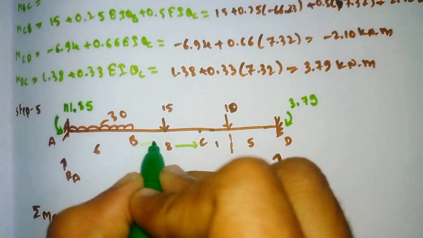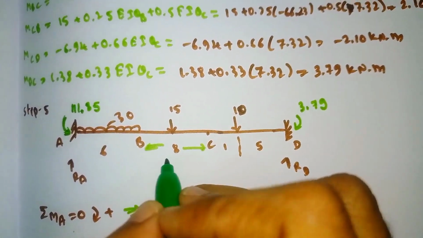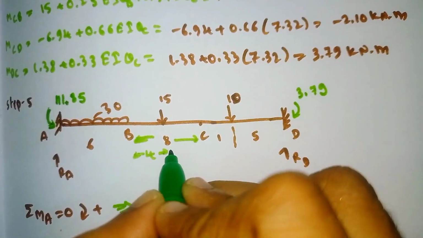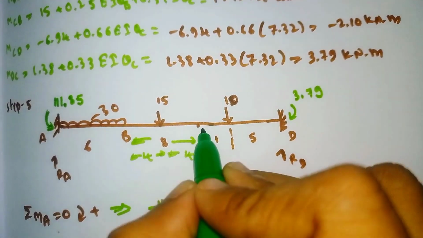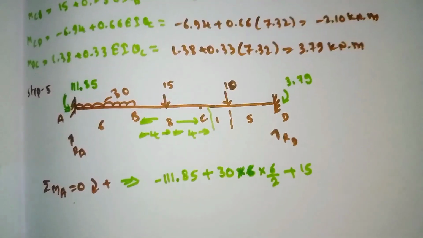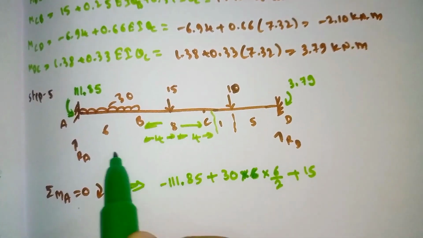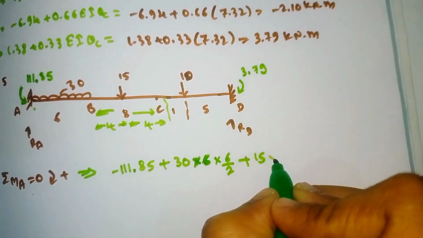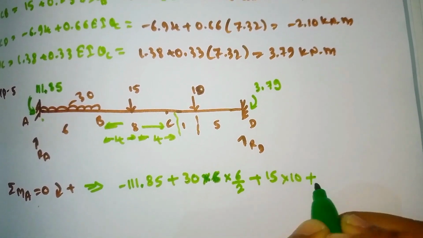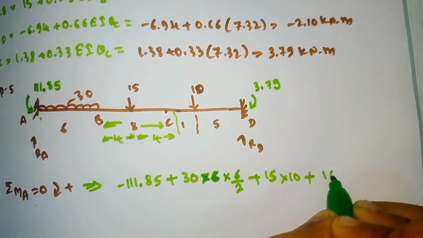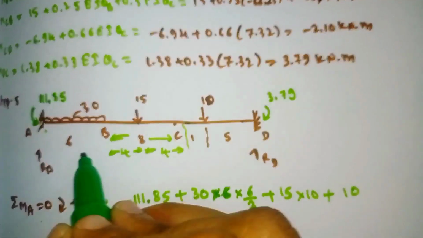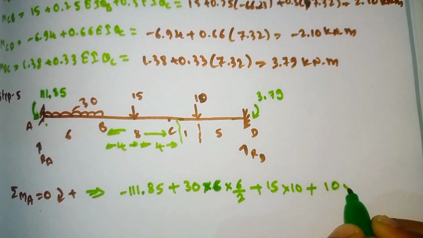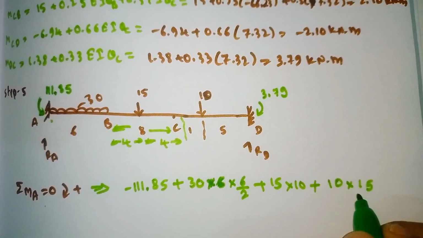From here to here is 4, and from point C up to here is 4. It means the point load acts at a distance of 6 plus 4, which is 10. So 15 into 10, plus here also one point load, 10 into the distance from here to here, which is 6 plus 8 plus 1, 15.